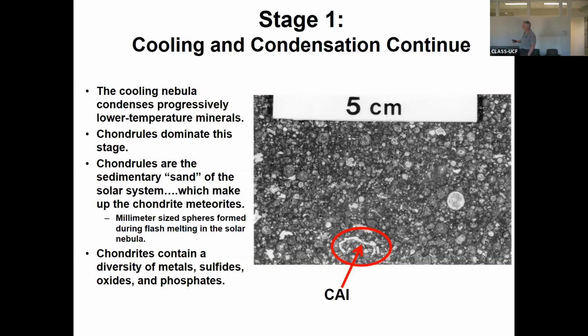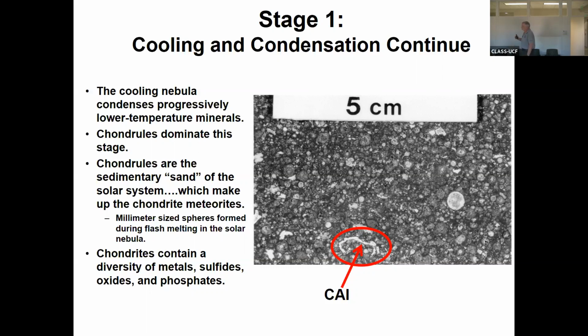They make up the chondrite meteorites, and they're these little, often hard to see, but easy to see if they're white, little BBs of millimeter-sized stuff that are formed probably by flash melting in the solar nebula. How this actually works, nobody is sure. There's a number of different theories. I don't believe any of them, but I'm sure that sooner or later somebody will figure this out and everybody will agree. But right now there's not broad agreement.